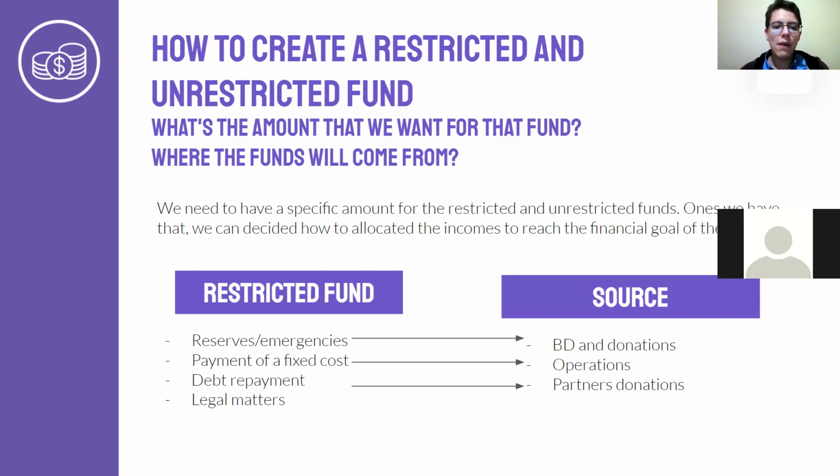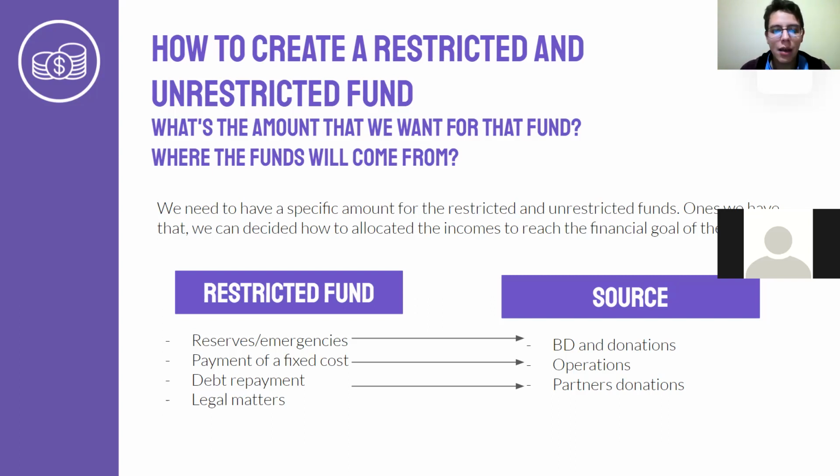For payment of a fixed cost and debt repayment, it could be from our operations, because my debt is bigger than other things that I can spend, and my operations are also the biggest resource from which I can collect my money. So I can take this money from my operations.